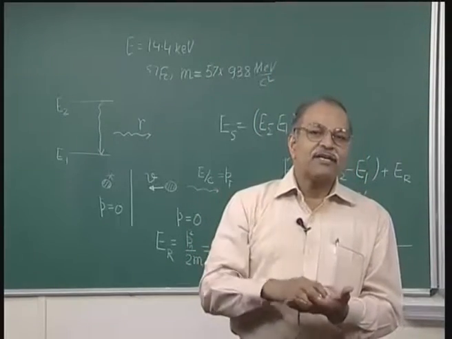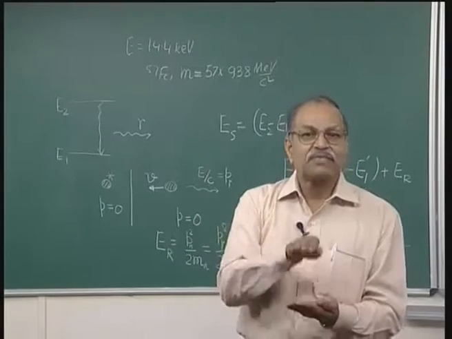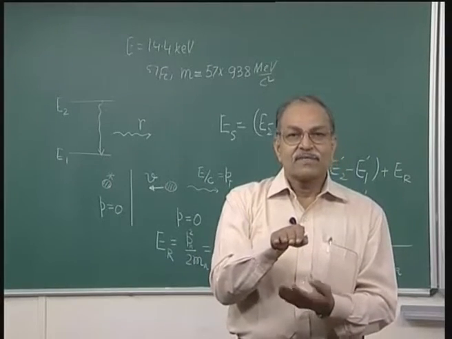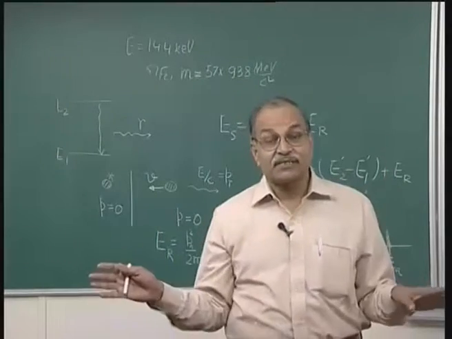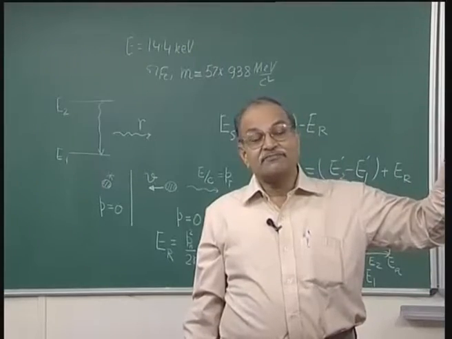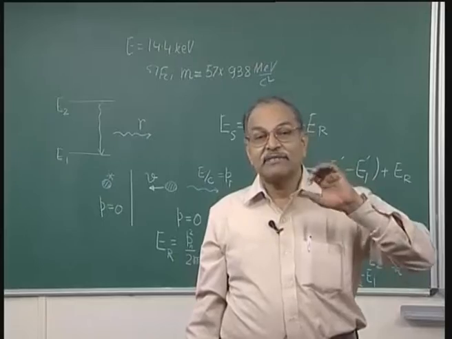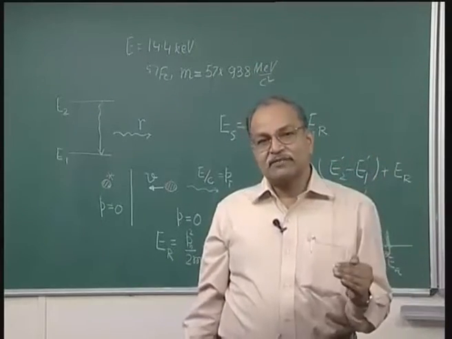So, if the recoil energy is less than the first possible excitation, then the whole recoil will not take place, and the gamma ray will be emitted as if there is absolutely no recoil, and the gamma ray takes away the entire energy, the level difference E2 minus E1.